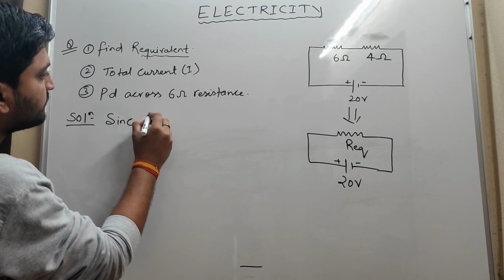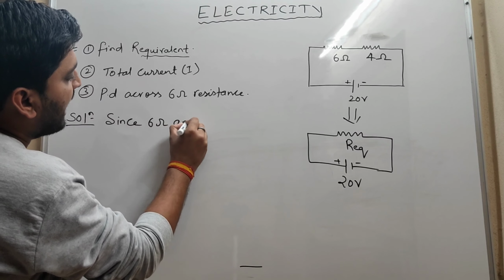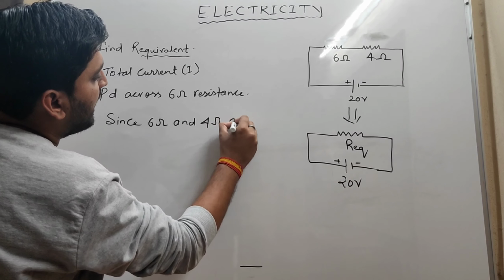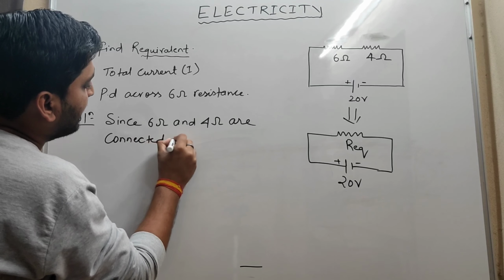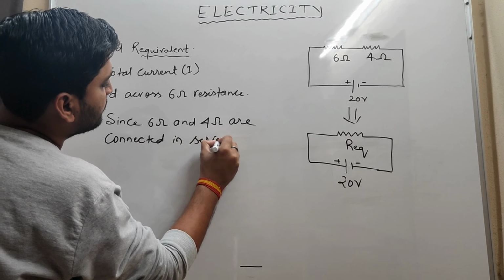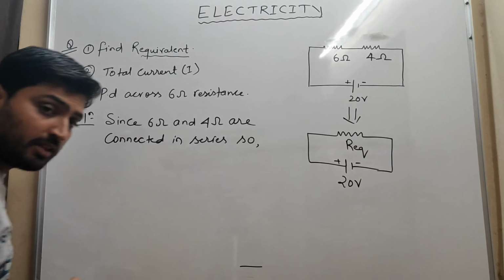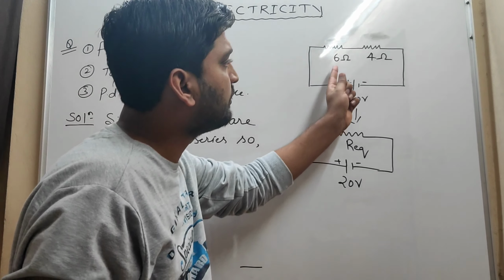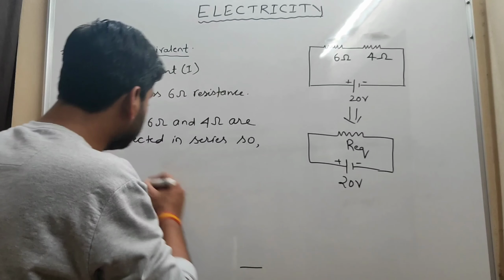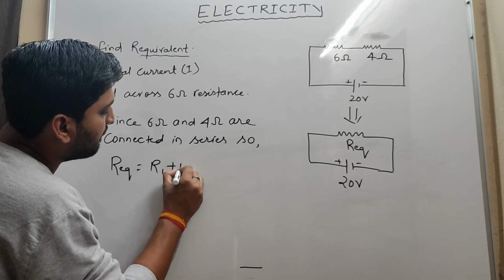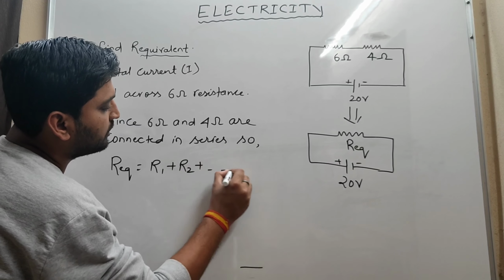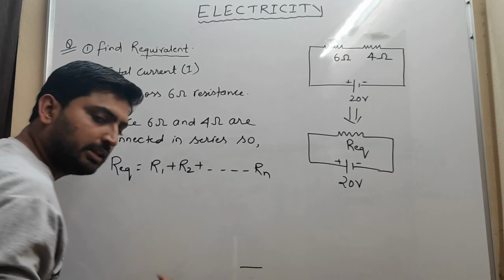Since 6 ohm and 4 ohm are connected in series, what is the formula for finding equivalent resistance in series? R equivalent is equal to R1 plus R2 plus dot dot dot Rn, for the number of resistances.